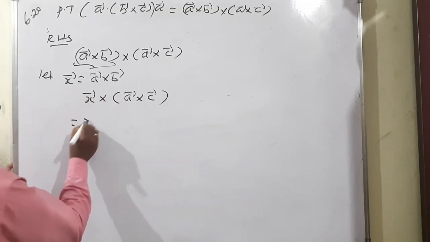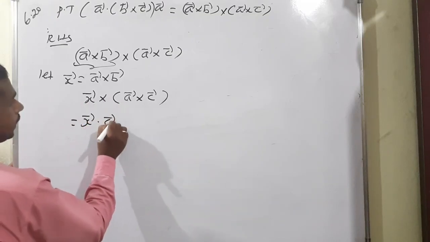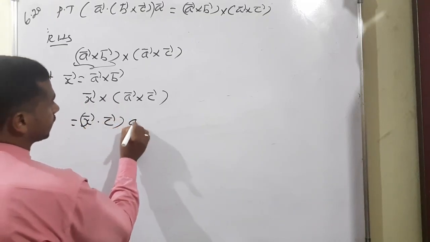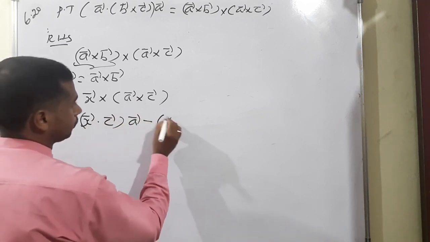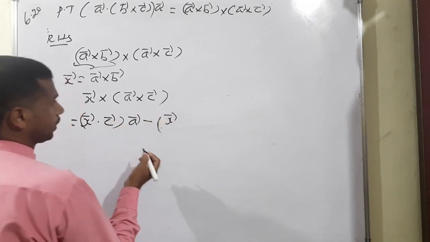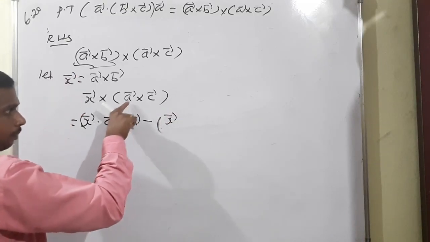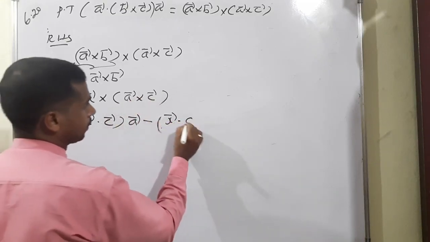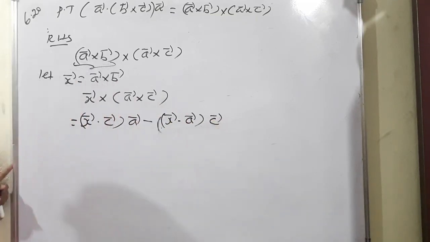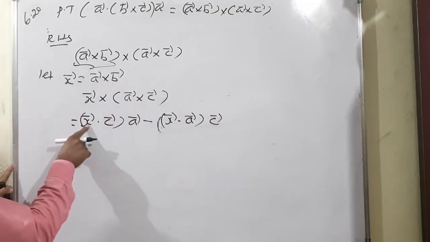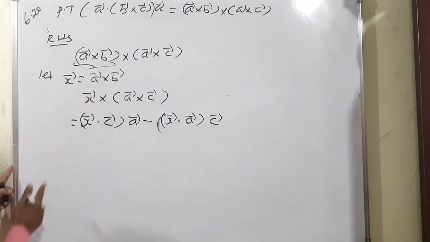What will happen is x vector dot C vector, then outside the skipped vector, that is A vector, then minus the next: x vector, first A skipped, now we have to skip C vector, x vector dot A vector, outside the skipped vector, that is C vector. Now we already know the meaning of x vector: A vector cross B vector.